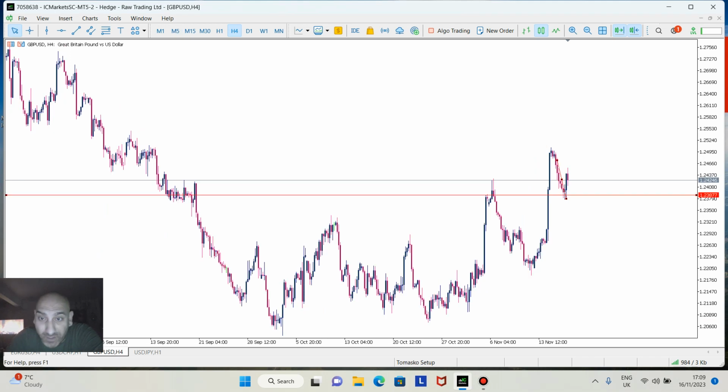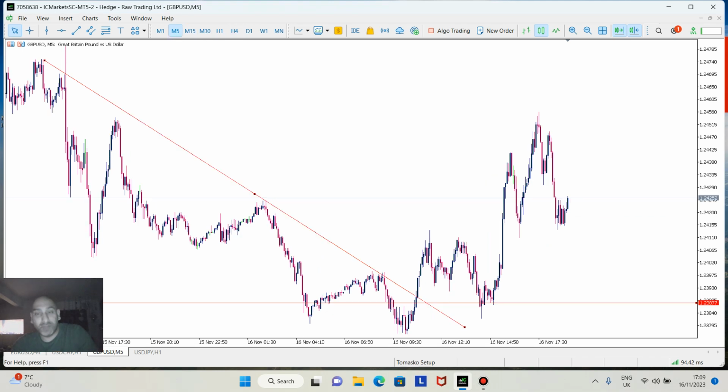Don't forget, you marked out your higher time frame retest because we are in an uptrend. So don't forget that trend is super important when you're trading. So you mark out your zone and then you head over to your 5-minute time frame and wait for that to come to you.